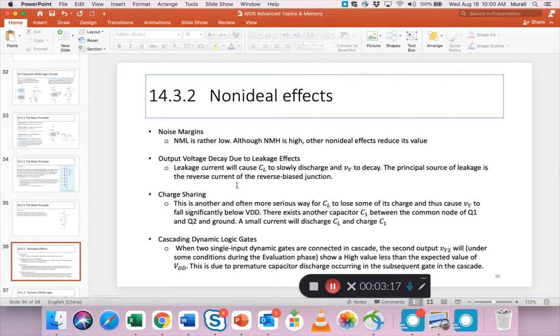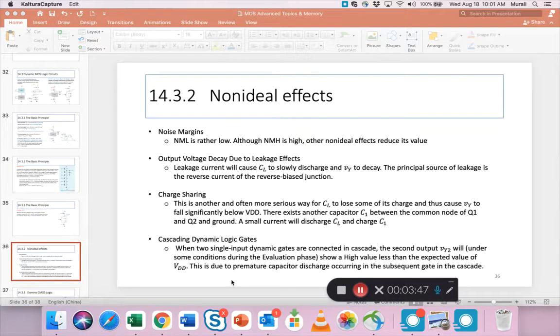We think that the charge on the output capacitor CL just stays there, but it doesn't. It starts to decay, and so the output voltage which you are supposed to hold at VDD starts to decay also. So that's another problem. Charge sharing. This is because there's not only CL capacitance, there are also other capacitances through which the charge can leak out. So that's a problem too.